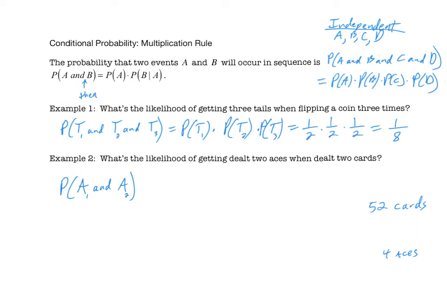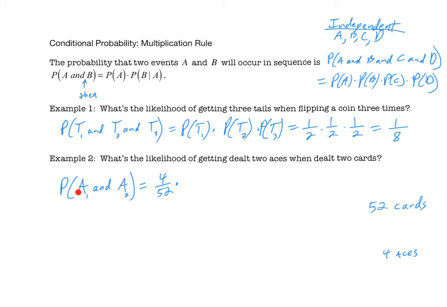But the probability of ace 1 and then getting another ace. Well, when you pull one card, the likelihood of getting ace 1 is 4 out of 52 times, remember, we simplified this over here because we assumed they were independent events. This second ace is not independent of the first ace.